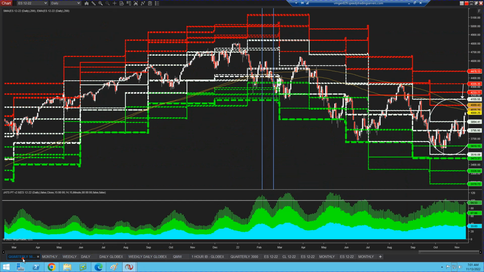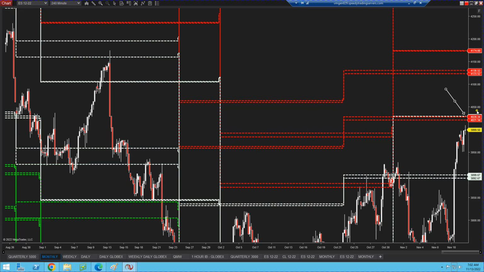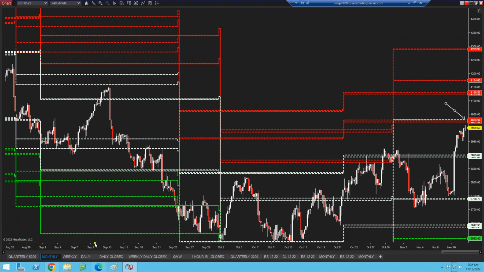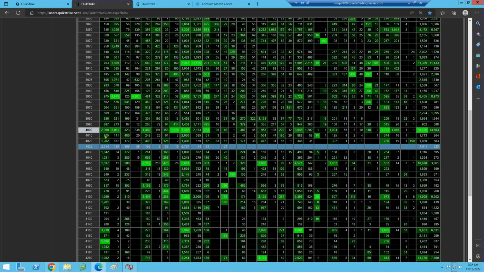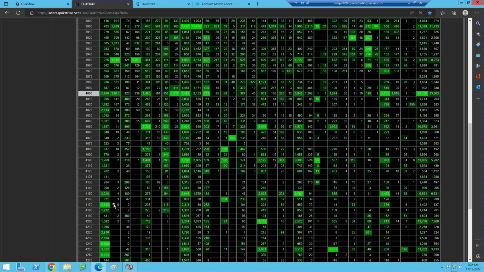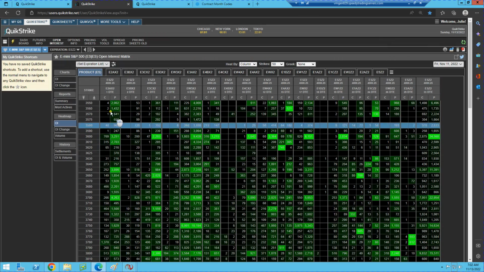So I think that my ability, by being able to draw the bell curve on the chart, is a tremendous edge to anticipating where these turns in the market might occur. I can confirm it with the open interest, looking for your puts and calls.